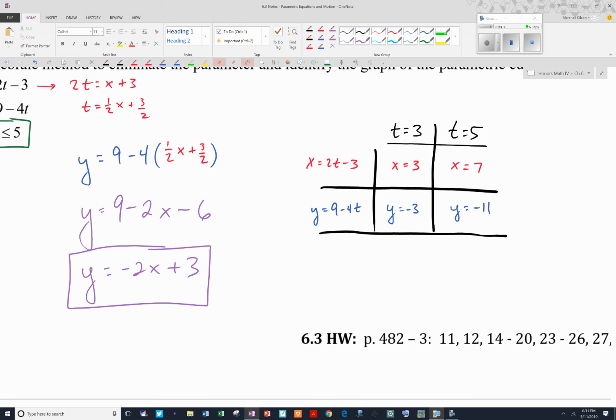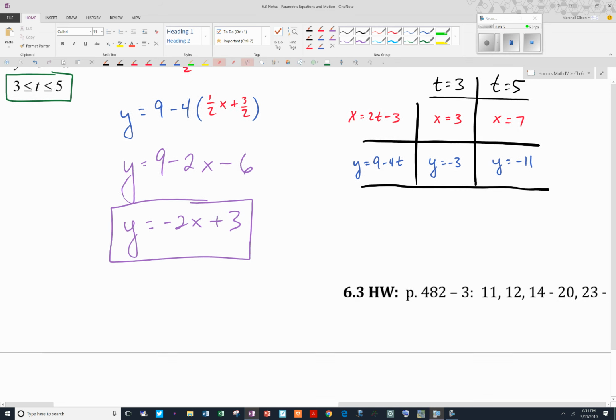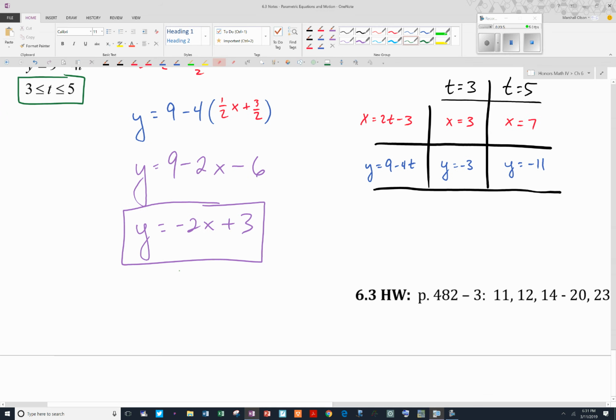When I put in 3 and 5 into both equations, I came up with these two x values, and I came up with these two y values. That tells you the endpoints of the domain and the endpoints of the range. So along with this equation, this is not a line, this is a line segment. So I'm going to actually include that.